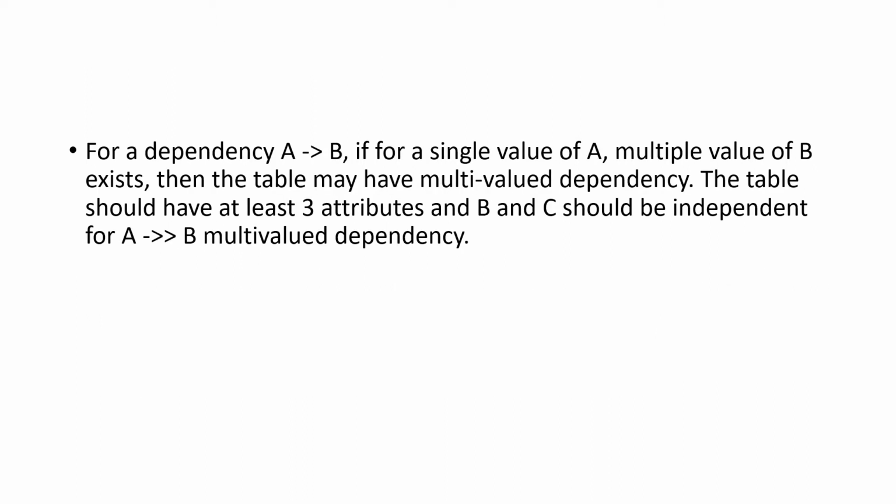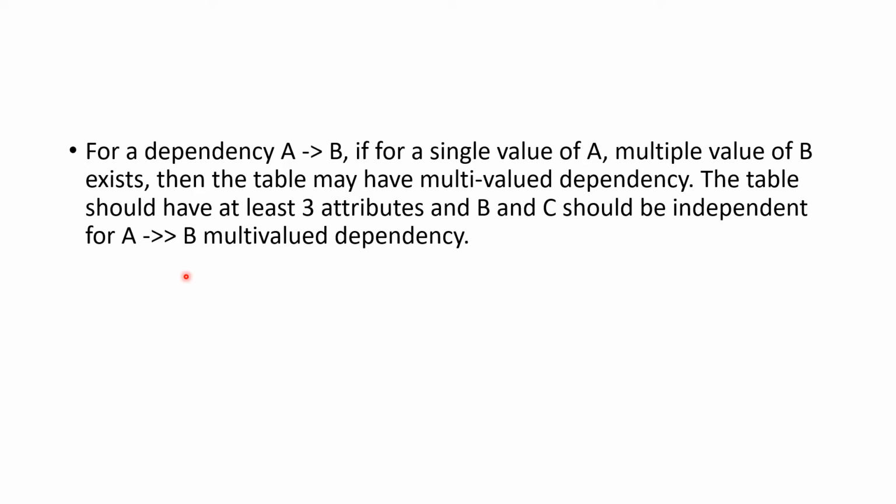For a dependency, we use an arrow-like structure to represent it. If for a single value of A, multiple values of B exist, then the table may have a multi-valued dependency. The table should have at least three attributes, and B and C should be independent.